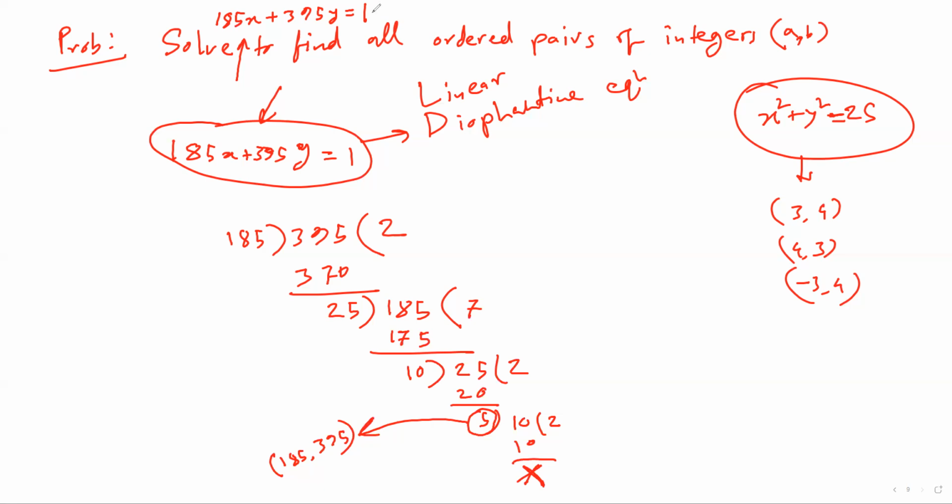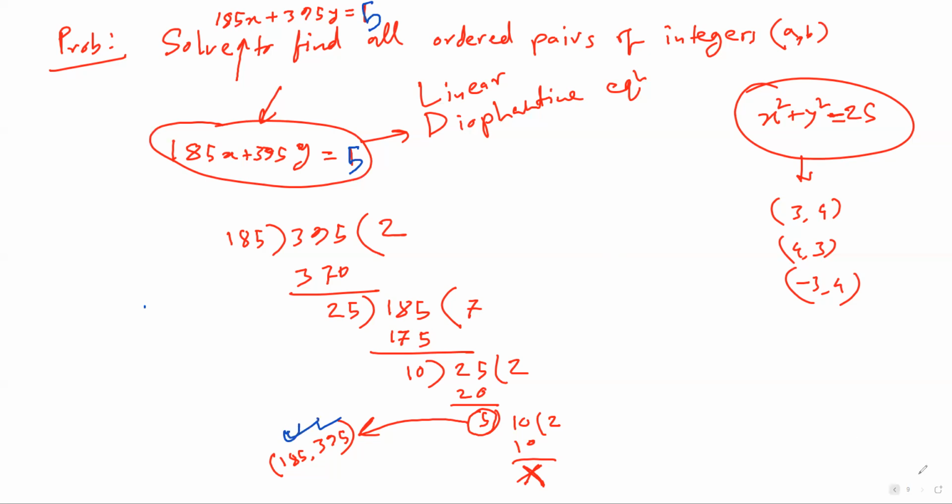So instead of writing 1 on the right hand side, let's change the equation to this. Now you can see that 5 is a divisor of the greatest common divisor of these two numbers.